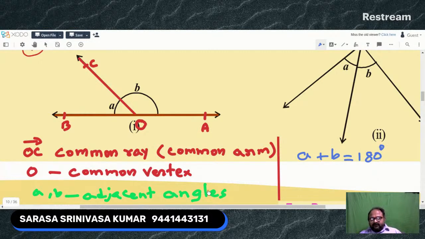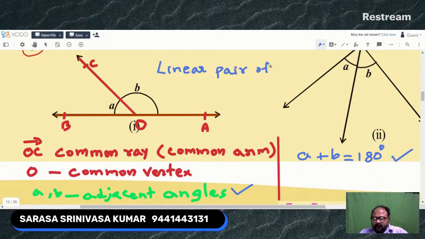If the two angles are adjacent angles and their sum is 180 degrees, then we say that the two angles are a linear pair of angles.